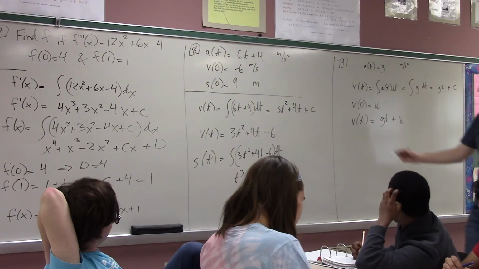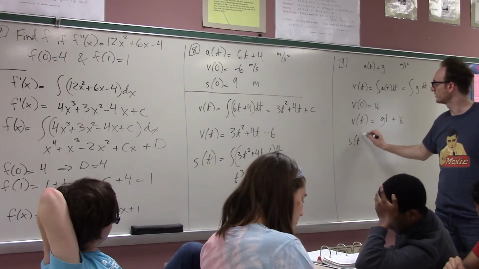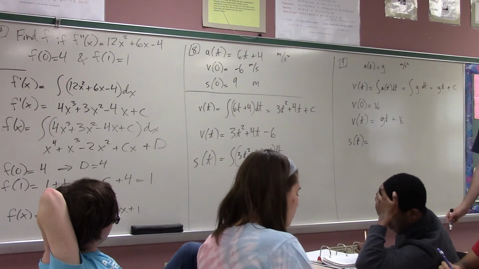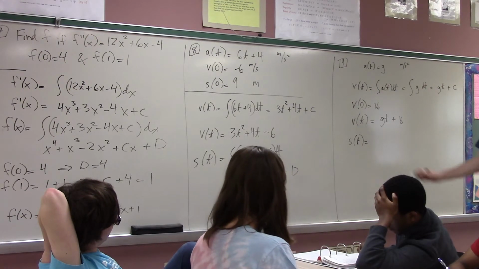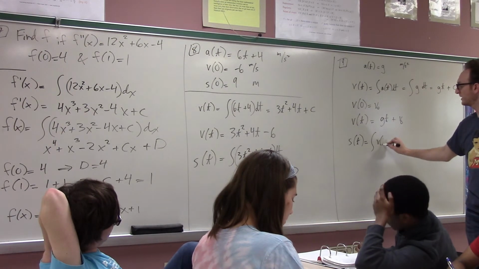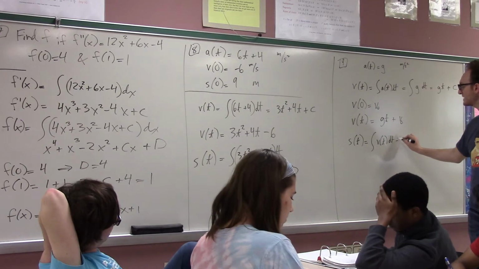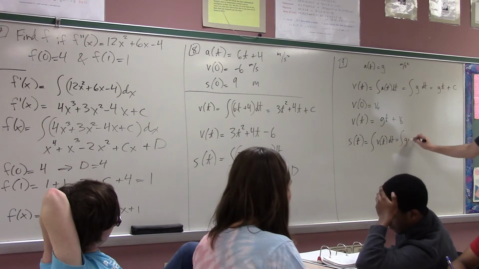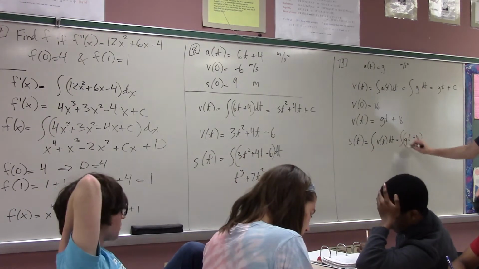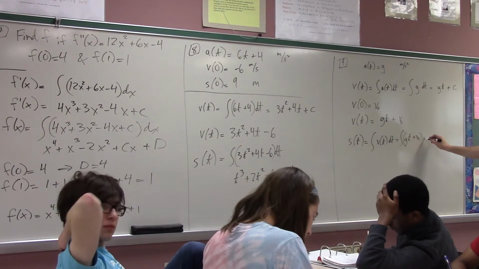So what is the general position function? Well, the position function in general must be an antiderivative of velocity. In other words, it must be an antiderivative of gt plus v0, where g and v0 are constants, right?